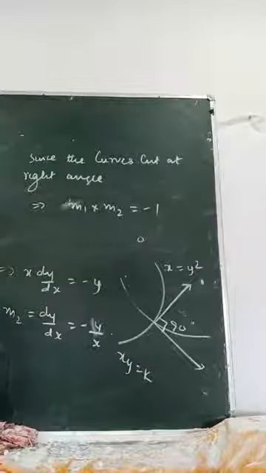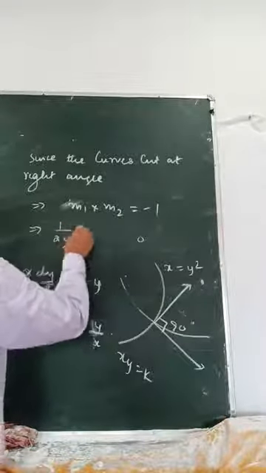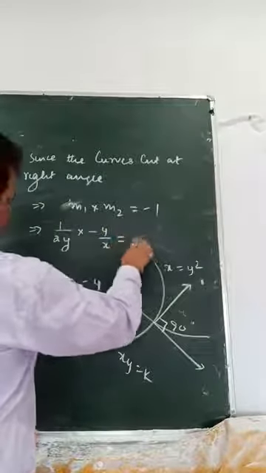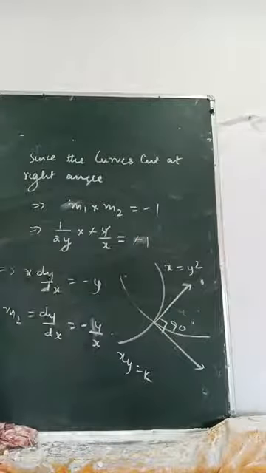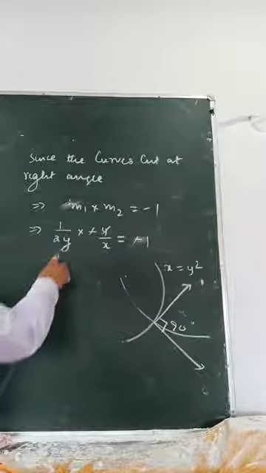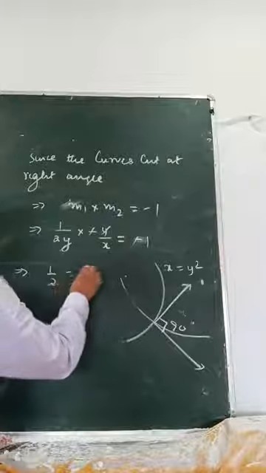Then put it in. First one, 1 by 2y into minus y by x equals to minus 1. Minus is gone, y is gone. So if I take x to that side, I will get 1 by 2 equals to x.